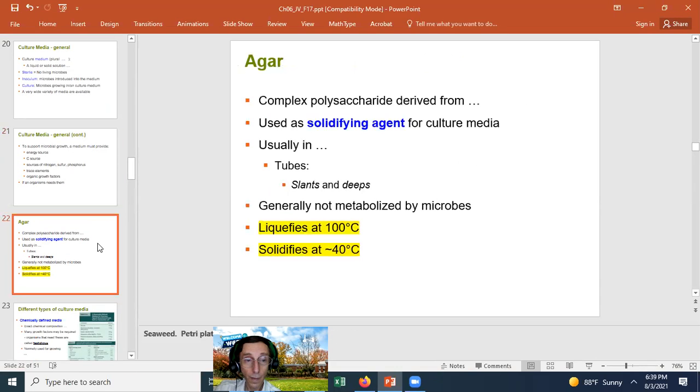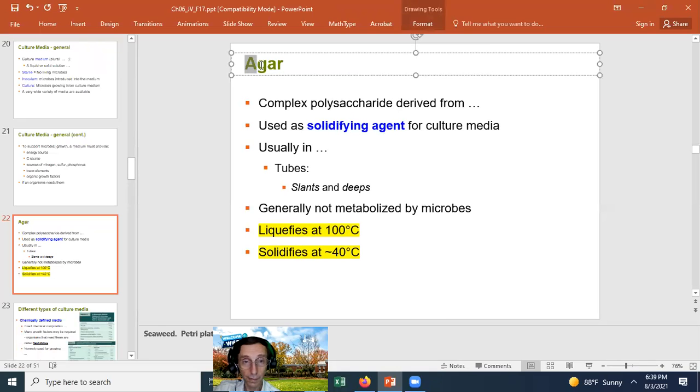We also have agar, and other solidifying agents that we add to the liquid media to make them solid. Agar is a complex polysaccharide derived from seaweed, and we typically use agar in microbiology because microbes do not digest it.